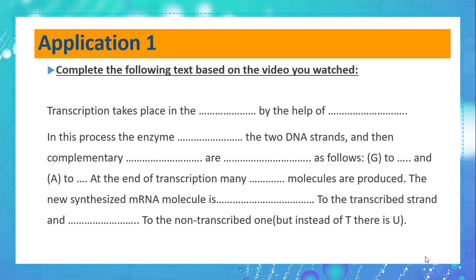Now let's describe transcription. Transcription takes place in the nucleus with the help of RNA polymerase. In this process, the enzyme unwinds the two DNA strands, and then complementary nucleotides are assembled as follows: G to C and A to U. At the end of transcription, many mRNA molecules are produced.